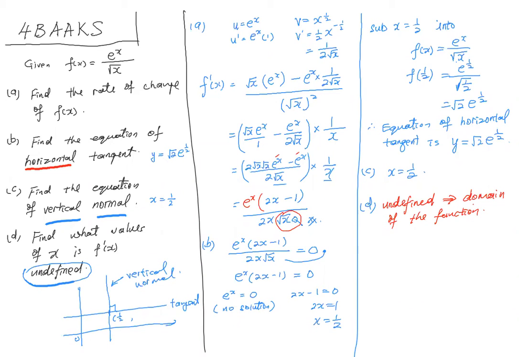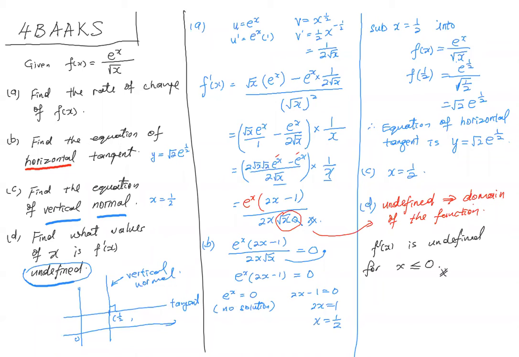Okay, so what do you think? If it's a square root, what do we say? Any negative number? Yes. So f'(x) is undefined for x less than or equal to 0.